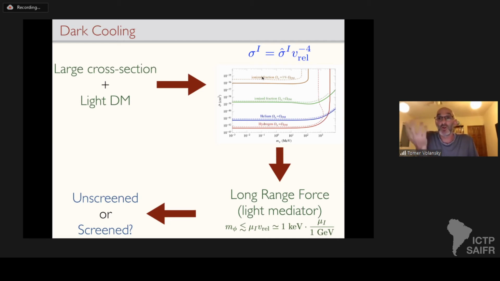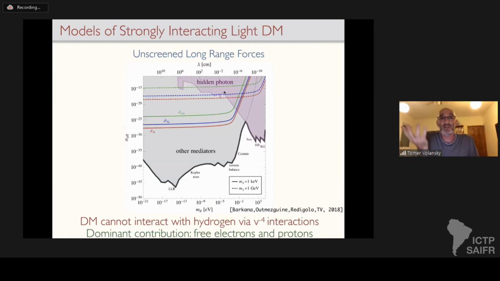That means that you need a long range force and a light mediator. But a light mediator has many constraints, as you know. And the question is, are these mediators screened or not screened? One thing to see immediately is that unscreened long range forces are just completely excluded when you take into account fifth force constraints and cooling and so on.